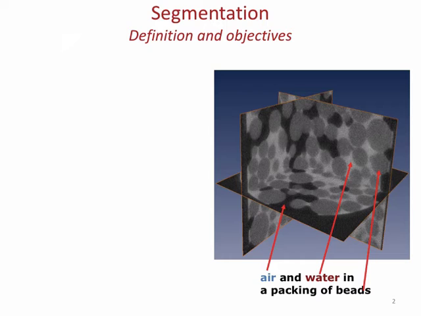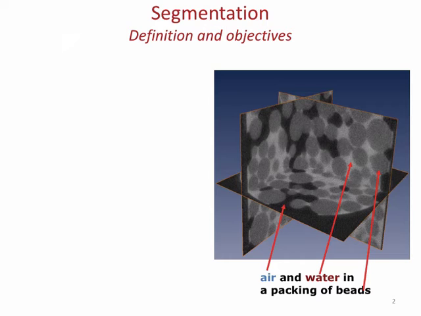Watershed we're going to deal with a little later because it's also one way to identify individual grains, let's say I have an image of a granular material, or it's a way to identify individual pores in my pore space. So in that lecture, we're going to deal with segmentation, watersheds for segmentation.